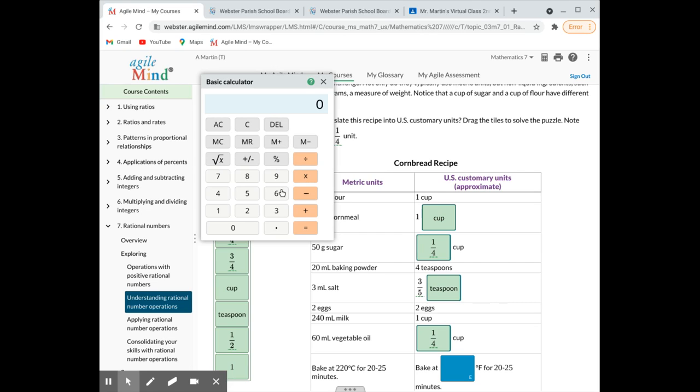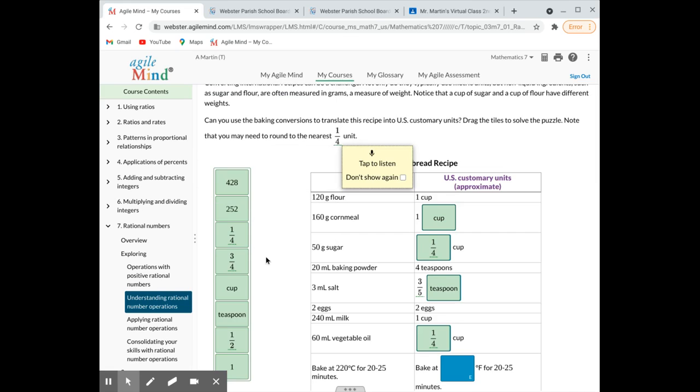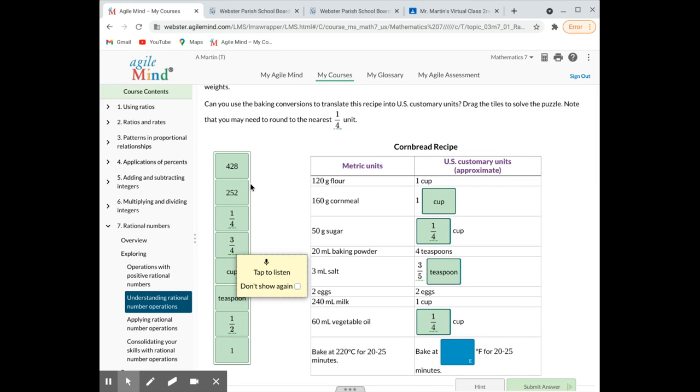What's the numerator of 9/5? 9. And then I need to divide it by what number? 5. Then I need to add my 32 degrees. So what do we get? 428 degrees. Let's see if that's on there. Is that on there? Yes. Yes.